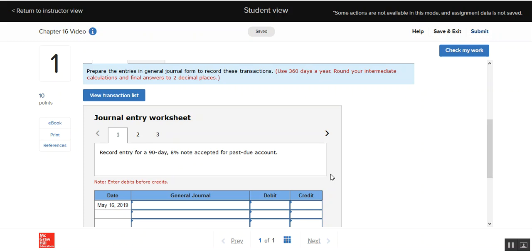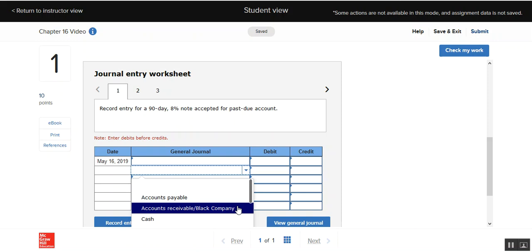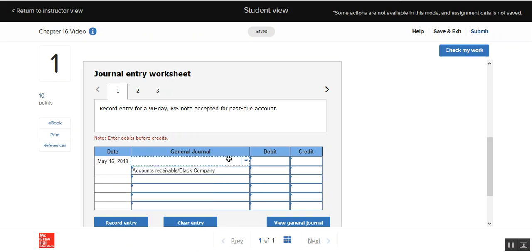So when we record the issuance of a note, it doesn't tell us otherwise that we're recording it at a discount or a premium. We've just issued a note for $10,500 to someone. So everything that's written on the face of that note, we're going to go by. So for the issuance of the note, we're exchanging this person's accounts receivable for a note receivable.